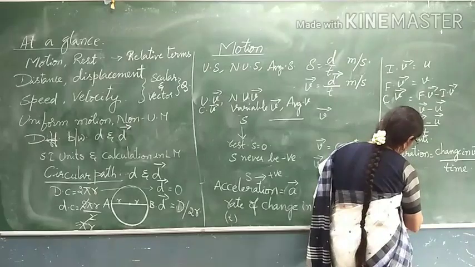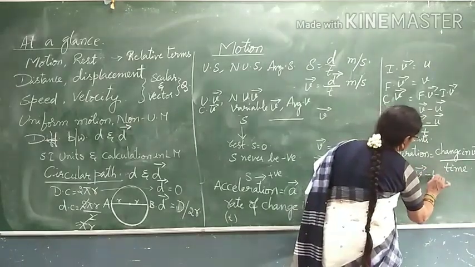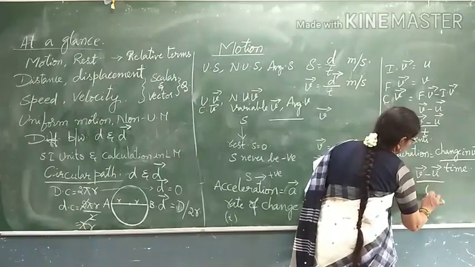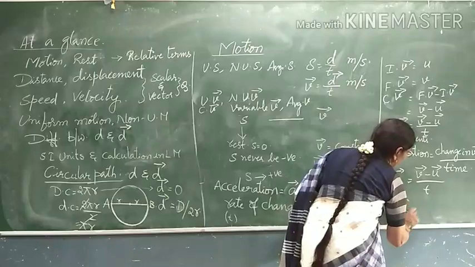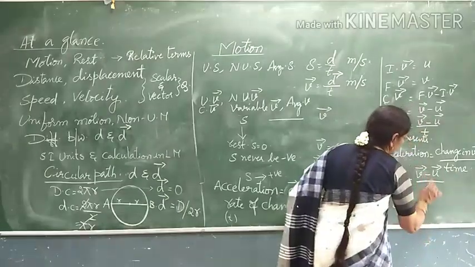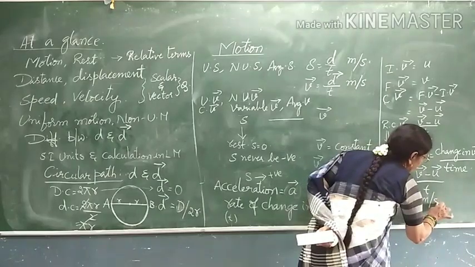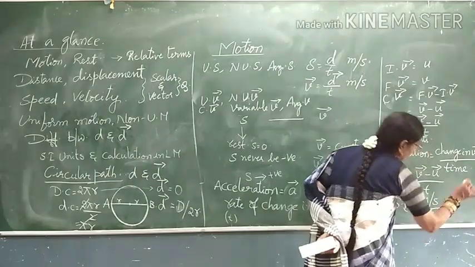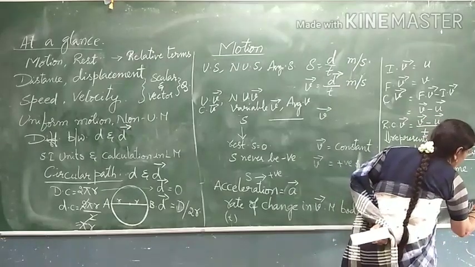Symbolically, acceleration is equal to V minus U by T. Now coming to the SI unit: velocity is meter per second, divided by second, which implies meters per second square.